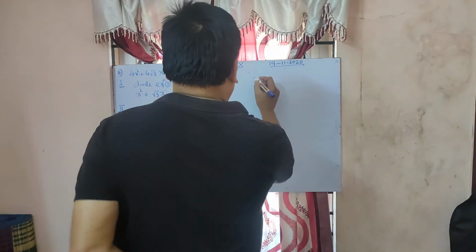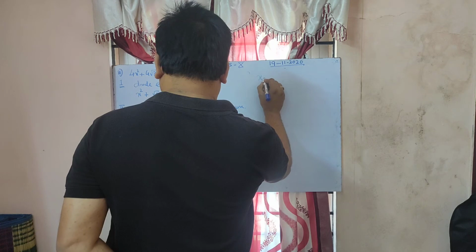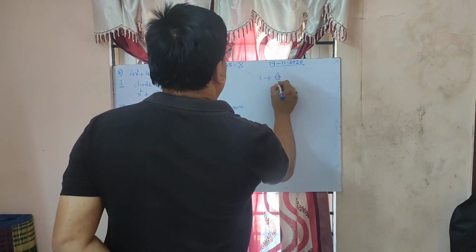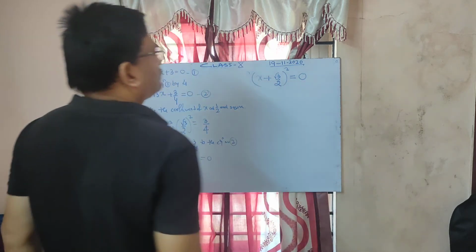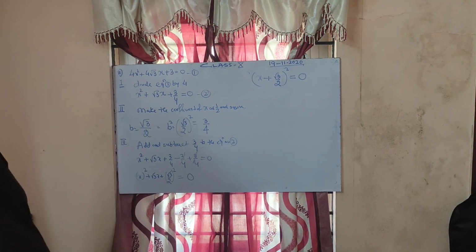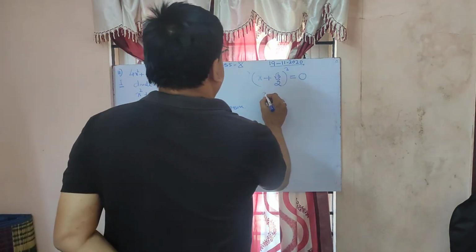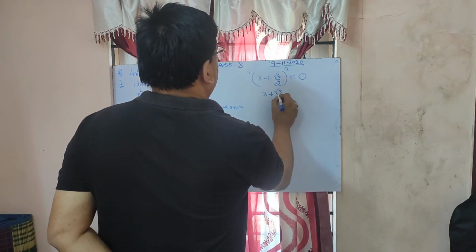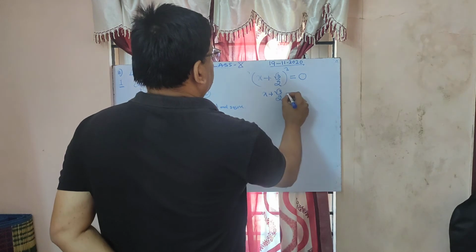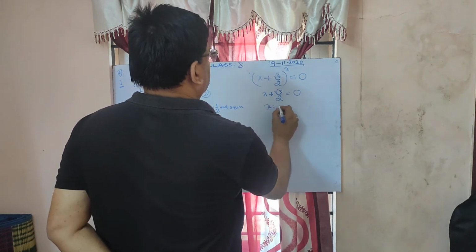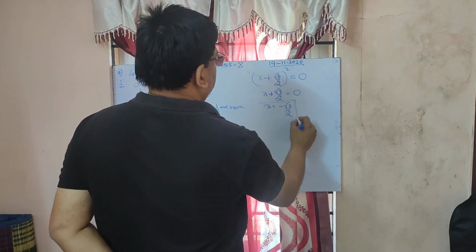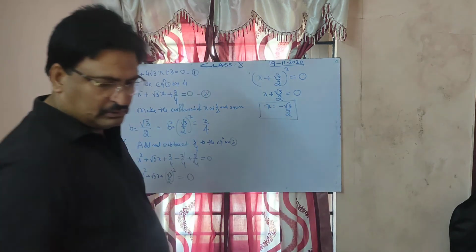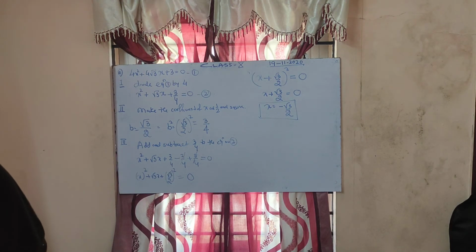So what is the standard format? x plus root 3 upon 2 whole square is equal to 0. So x plus root 3 upon 2 is equal to 0. x equal to minus root 3 upon 2 is the answer.